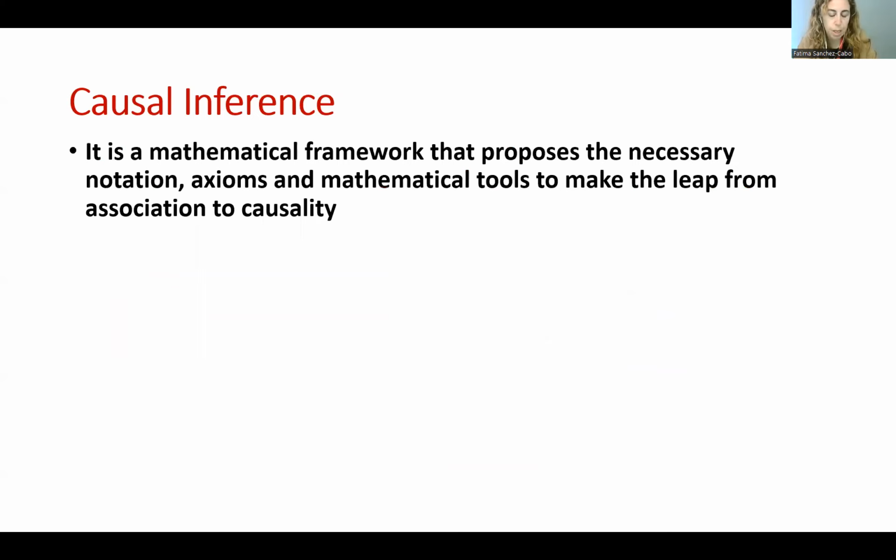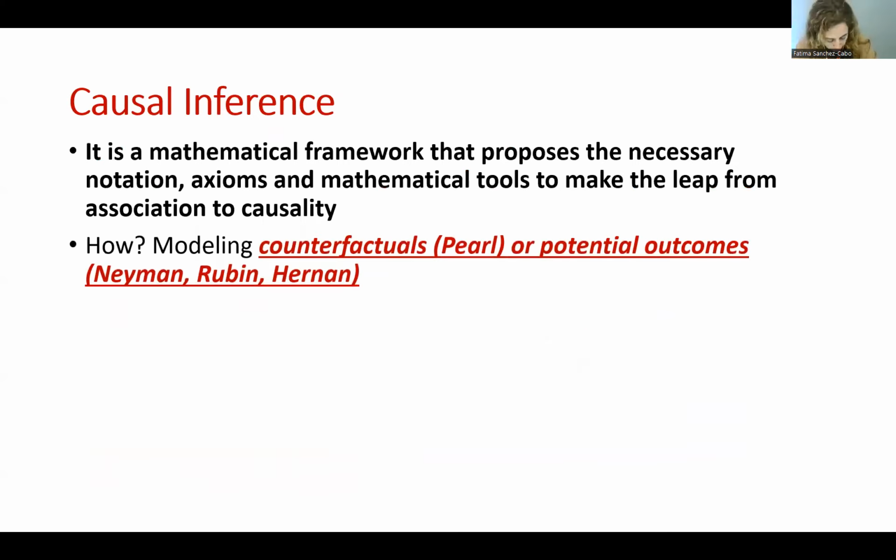So I'm just going to review briefly some concepts that you have already been reviewing during these interesting seminars, but I need to put it a little bit in context. I didn't know that there is such an animated discussion on Twitter between Judea Pearl and Miguel Hernan, actually, but it's true that they represent the two lines of thought, almost philosophical approaches to causal inference.